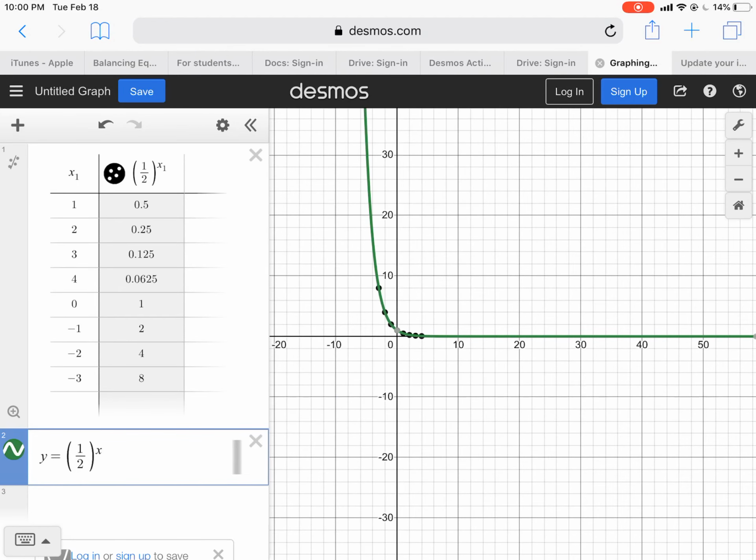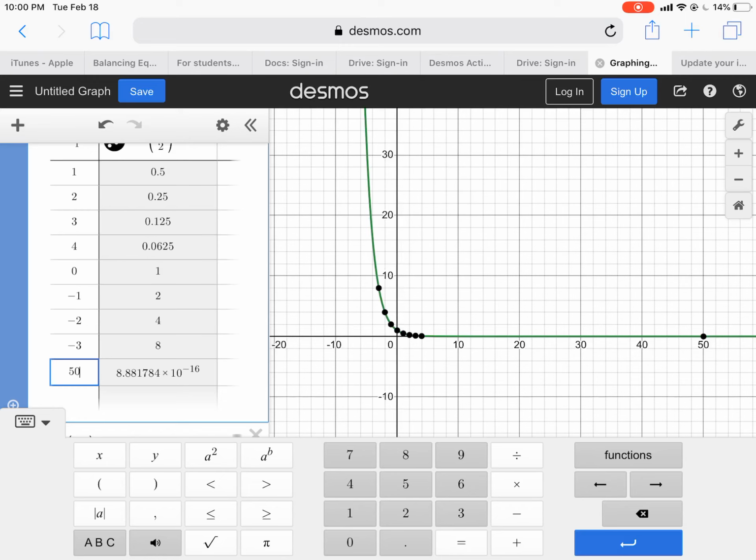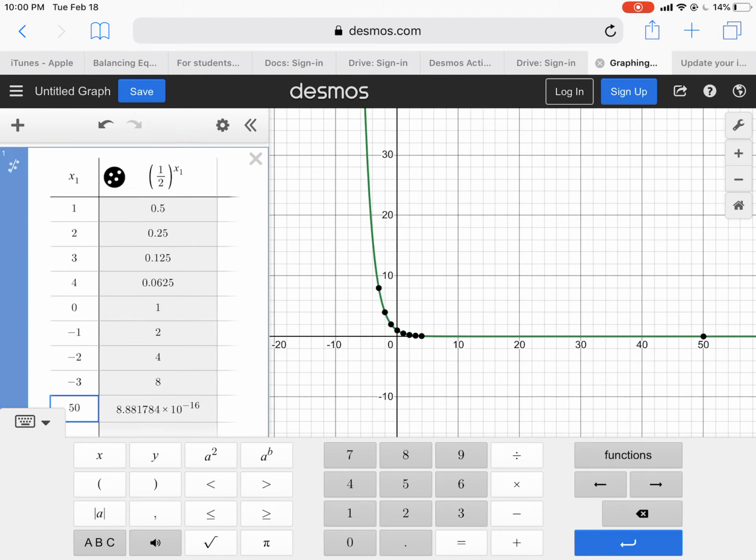Here we go. There we go. What I could do again is put in, let's say, 50, and see how it's 8.88 times 10 to the negative 16. That doesn't mean it's a negative value. It means it is a very small value. So there is an example again of exponential decay.